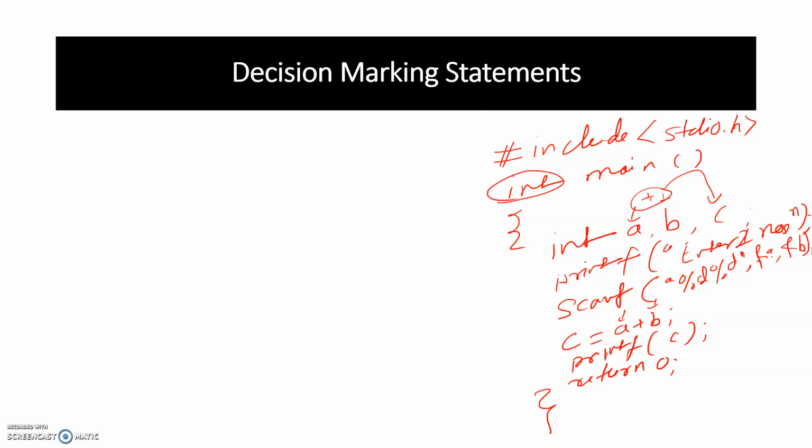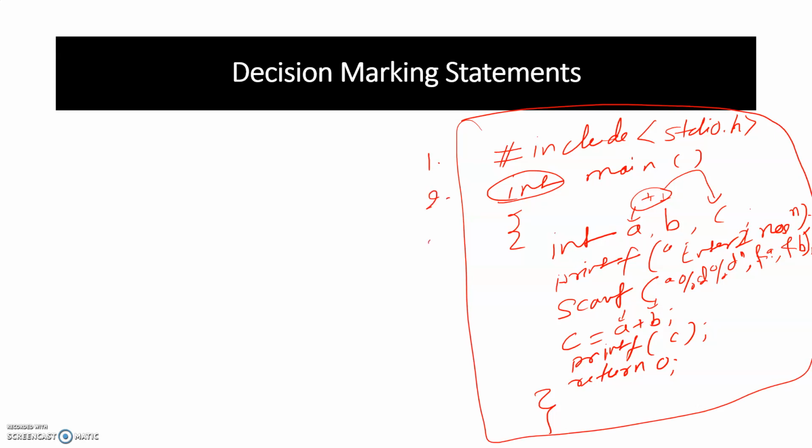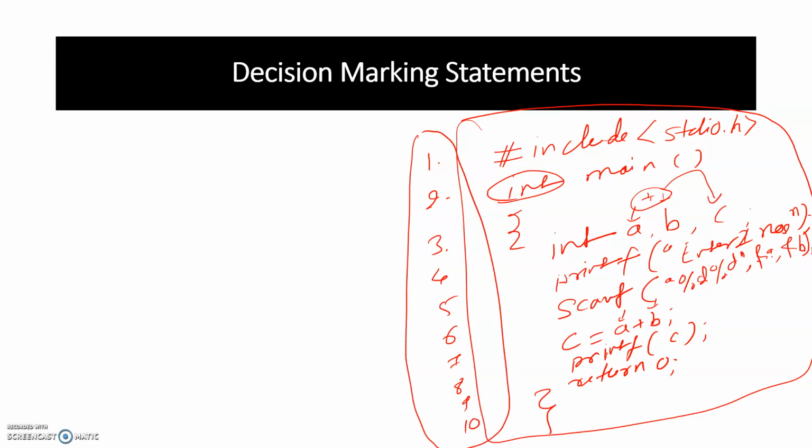So this program has simple statements, and there is no condition specified in this program. This program has 1, 2, 3, 4, 5, 6, 7, 8, 9 and 10 lines. So all in all, in this program we have 10 different lines. What will happen if you execute this program?